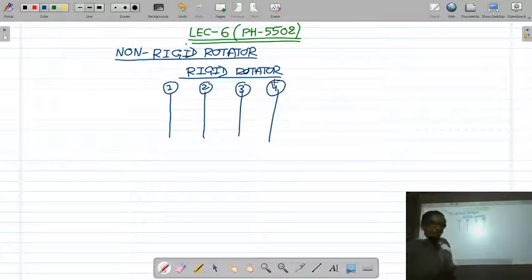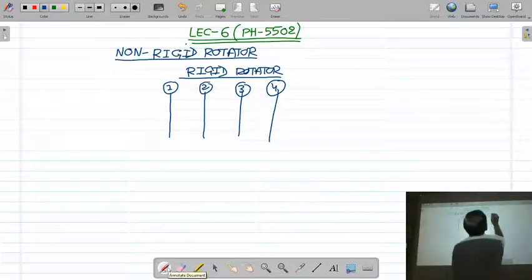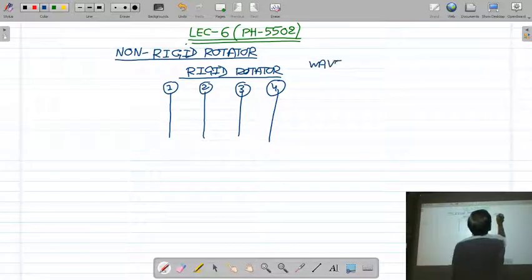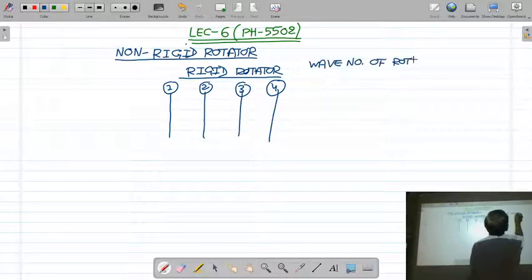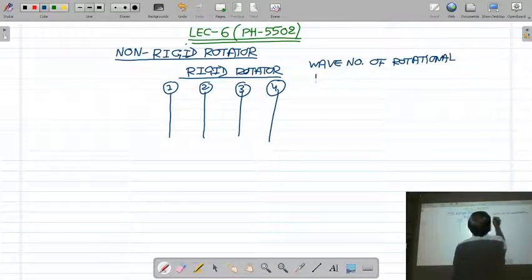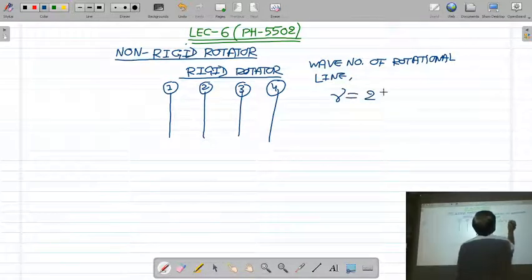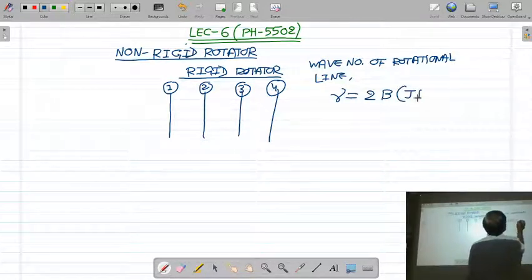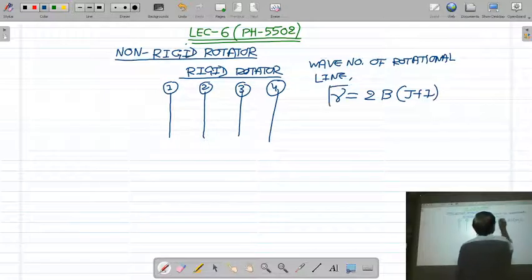You have also studied that the wave number of a rotational line is given by mu is equal to 2B (J plus 1).